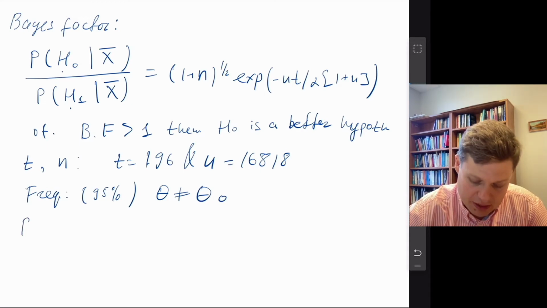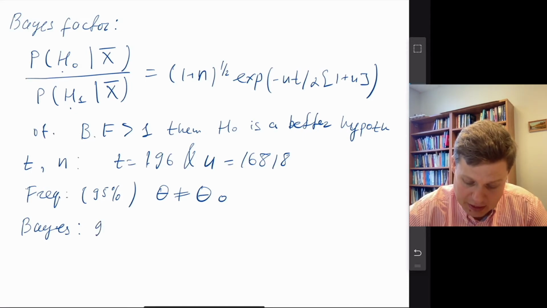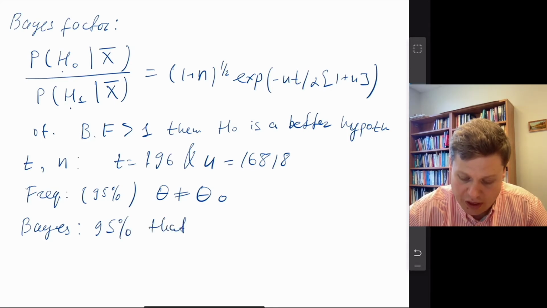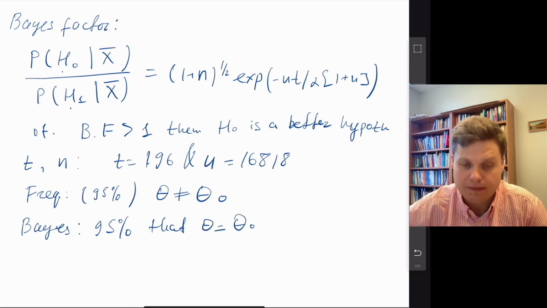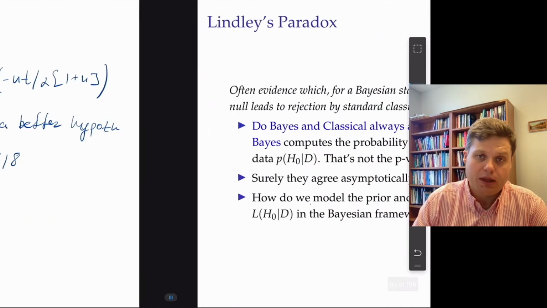However, under the Bayes approach, our belief is that there is a 95% chance that the true value of theta actually equals theta 0. So this contradiction is called the Lindley Paradox.